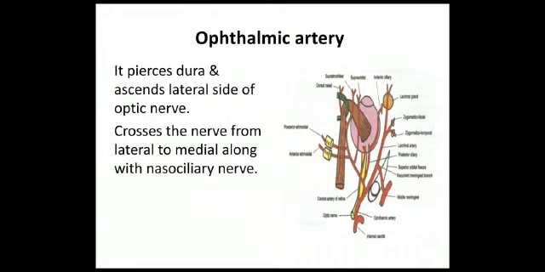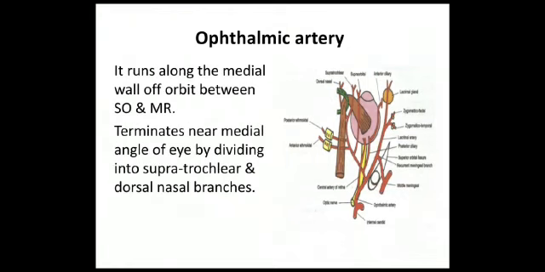It crosses the nerve from lateral to medial along with the nasociliary nerve. It then runs along the medial wall of the orbit between the superior oblique and medial rectus. It terminates near the medial angle of the eye by dividing into supratrochlear and dorsal nasal branches.